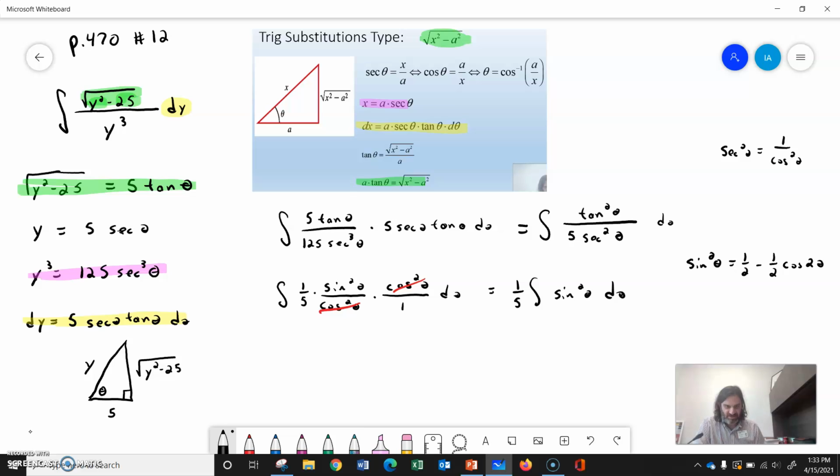Okay, so we'll have that 1/5 out front, and then we'll have the integral of 1/2 minus 1/2 cosine of 2 theta d theta, which we can integrate.